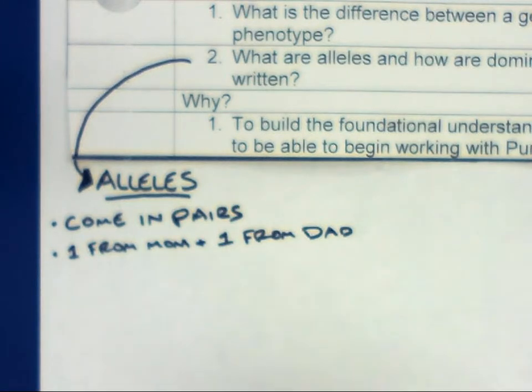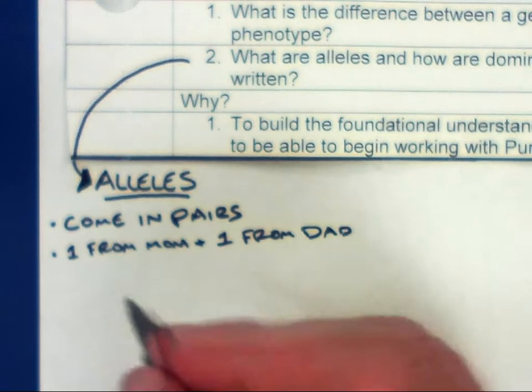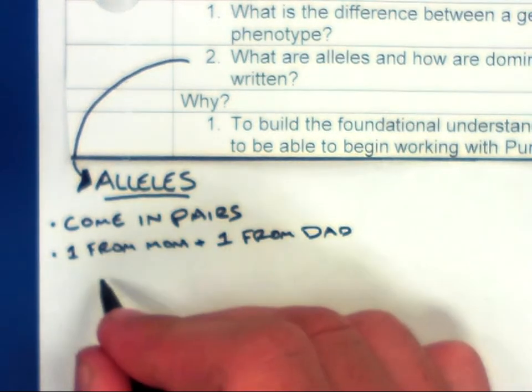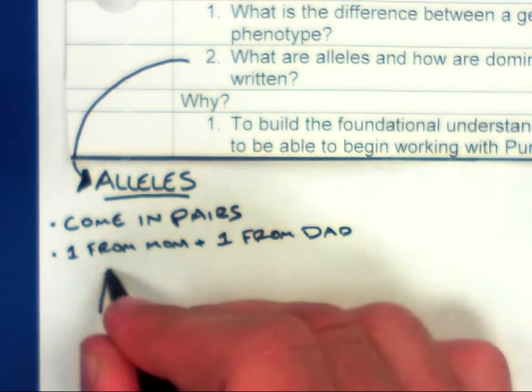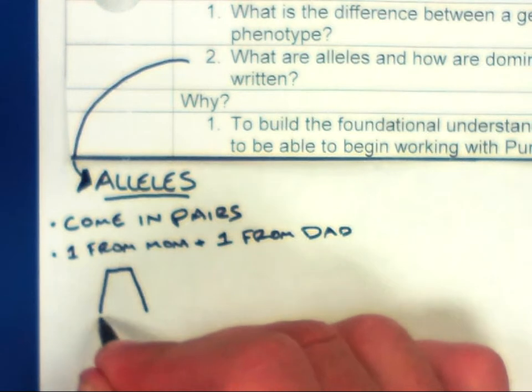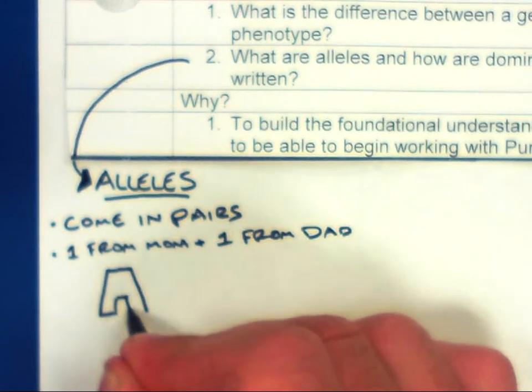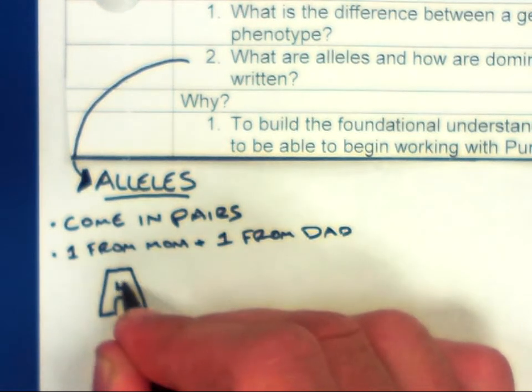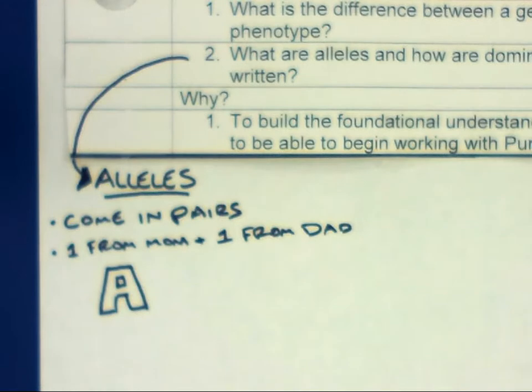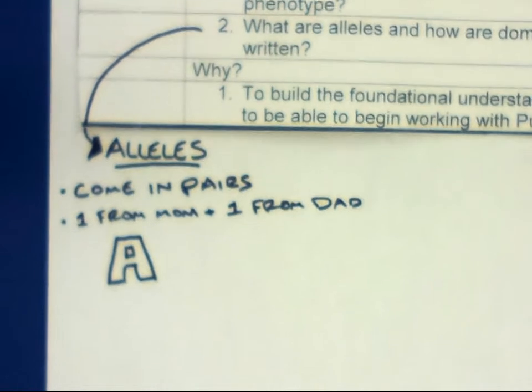And they show up in two different ways. So one way they can show up is as a dominant trait. So a dominant allele is shown as a capital letter. And I'm going to use A's for our letters today. Now, you don't have to do bubble letters. You can just write a capital A. I'm just doing bubble to show the major difference. So there's dominant, which is capital letters.